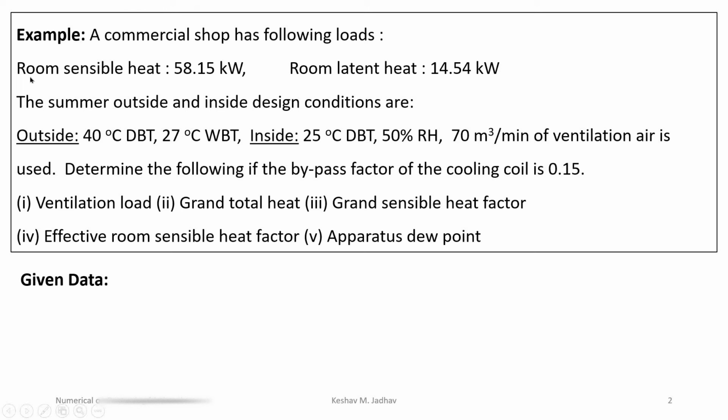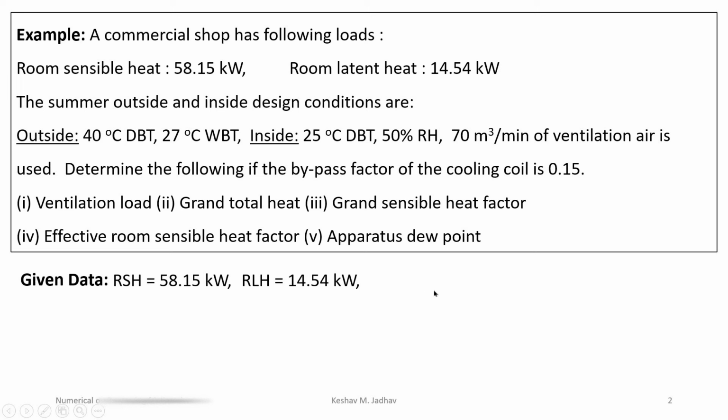So here in numerical, room sensible heat load is given. So we can write room sensible heat is equal to 58.15 kilowatt. Then room latent heat, which is equal to 14.54 kilowatt. Then outside condition and inside room conditions are given. So outside condition it is 1 and inside room condition it is 2. So here outside condition is 40 degrees Celsius dry bulb temperature.